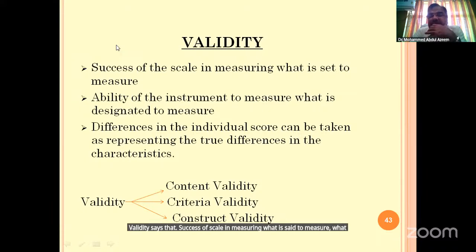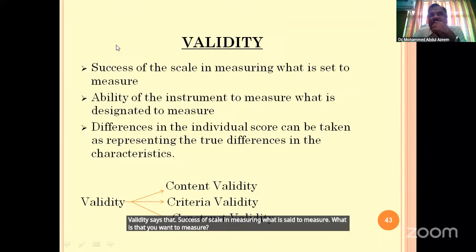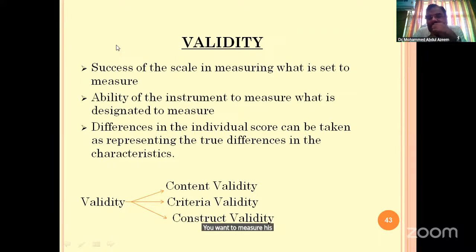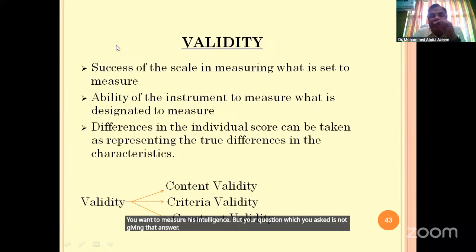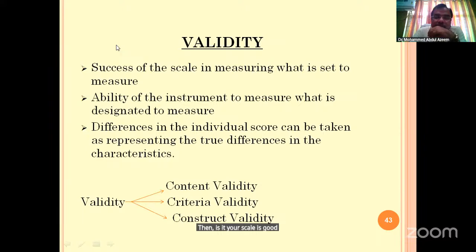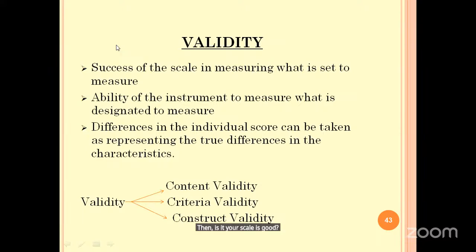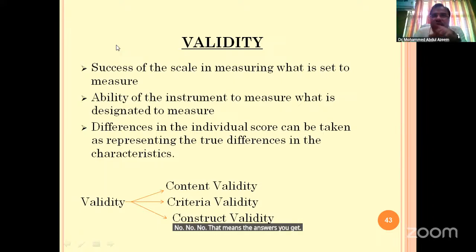What is that you want to measure? You want to measure his intelligence, but your question which you asked is not giving that answer. Then is your scale good? No, sir. That means the answers you get, the solution you will get, again the solution is also wrong.